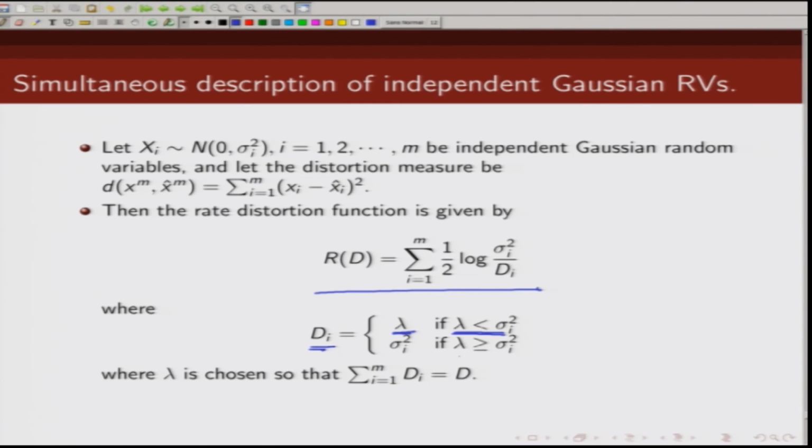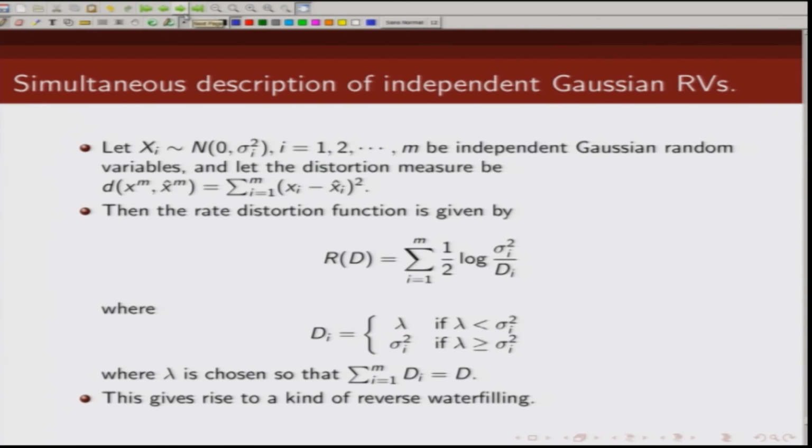Otherwise, if lambda is greater than sigma i square, di is equal to sigma i square, and we choose lambda in such a way that the sum of the distortions over these m sources is equal to D. This gives rise to what we call reverse water filling.